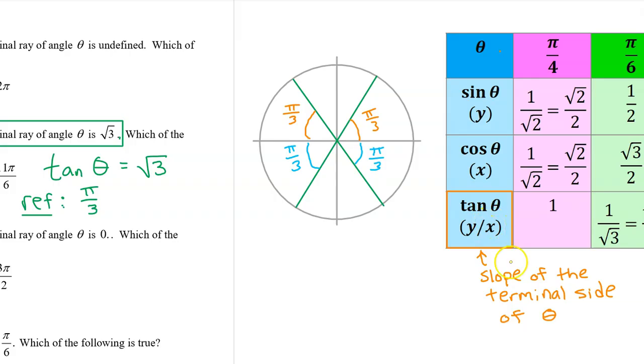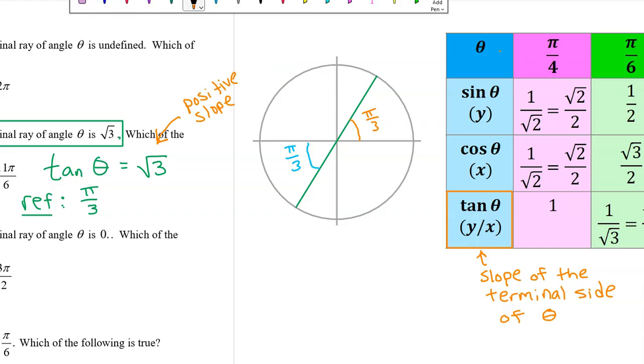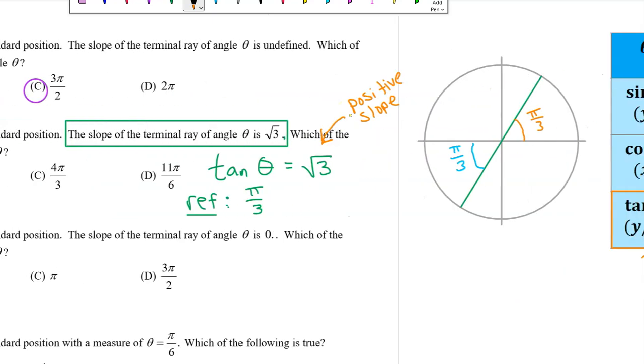Remember that tangent is the slope of the terminal side of the angle. In this case, the tangent is positive radical 3. That means we are looking for an angle with a positive slope. So look for the terminal sides that are going uphill. So this is a negative slope in the second quadrant and in the third quadrant. So the answer is going to be one of these two answers. And we already saw that in the first quadrant, it's simply pi over 3, and that is not one of the answers.